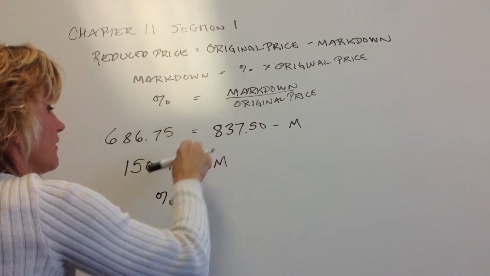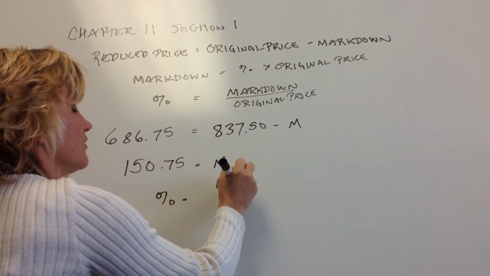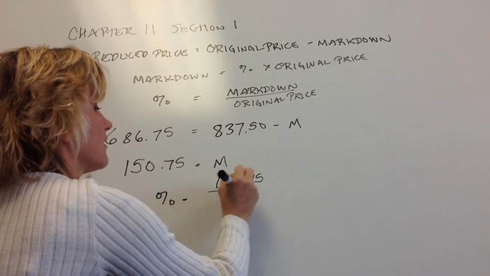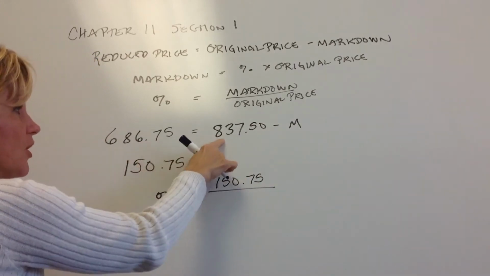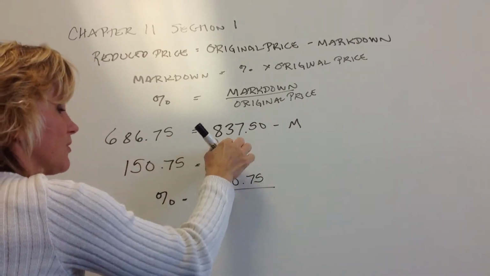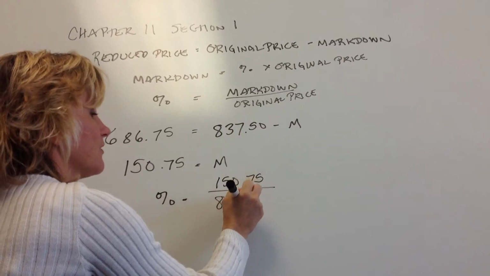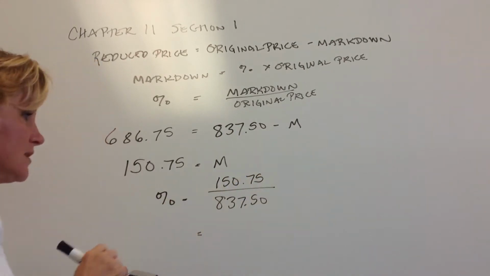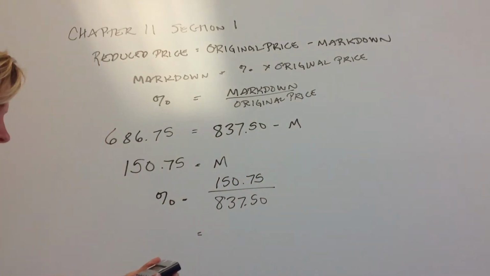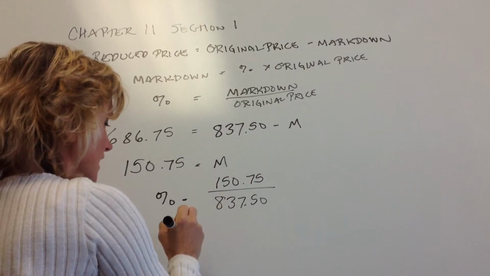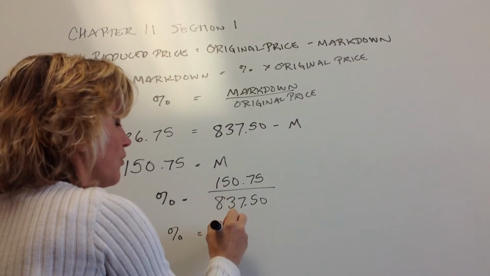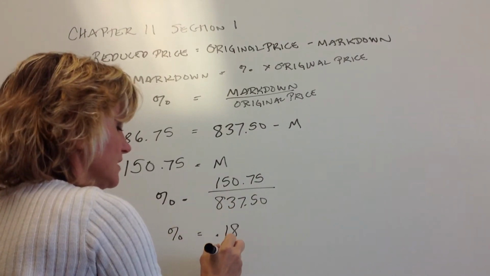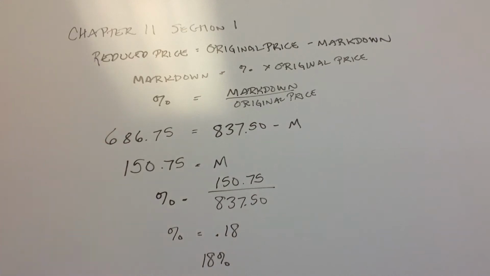So our percent is going to be our markdown of $150.75 divided by our original selling price. Not our reduced one, but our original one. So $837.50. So if we solve for that, 150.75 divided by 837.5 gives us 0.18 or 18%. So that is our markdown.